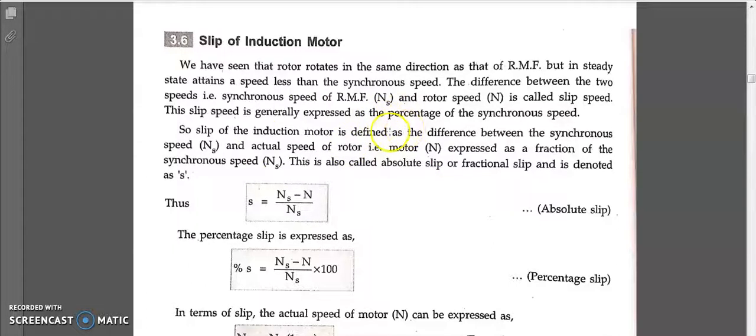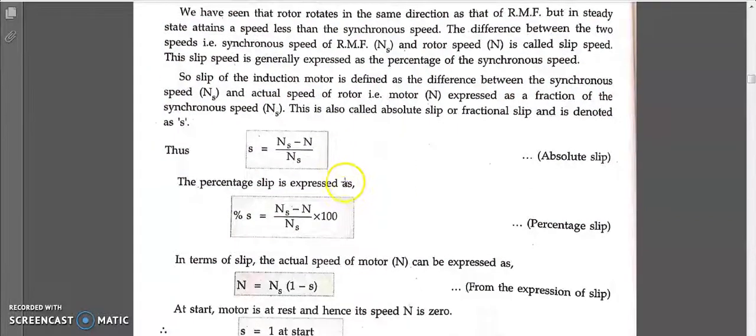So the difference of speed is nothing but slip. And if I convert it in terms of percentage, always remember, we are going to calculate slip with respect to ns, the synchronous speed. So it is ns minus n, the change of speed from synchronous speed to the rotor speed, divided by ns. So slip is equal to (ns minus n) divided by ns.